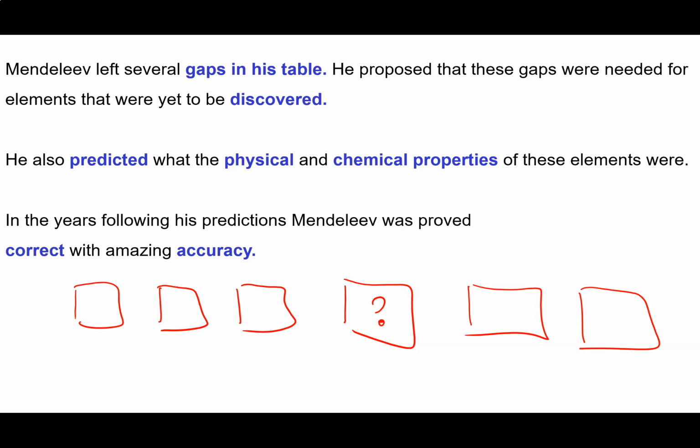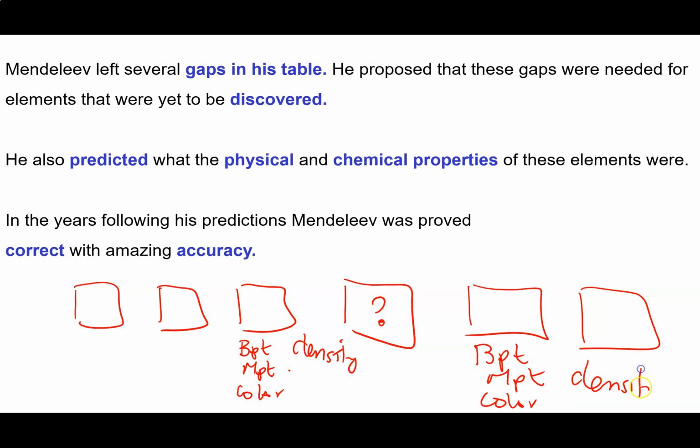And so if you knew all of the properties of this element over here, so you know its boiling point, and you know its melting point, and you know its color, and you know its density, and then the same for this guy over here, then you can make a pretty good guess at what the one in the middle is going to have for those properties, right?